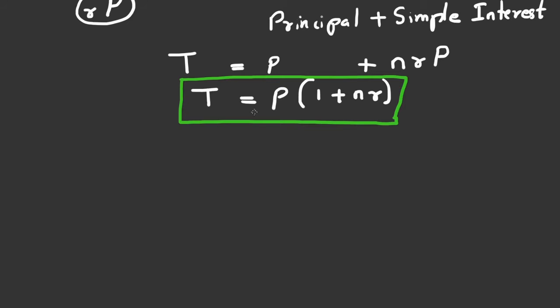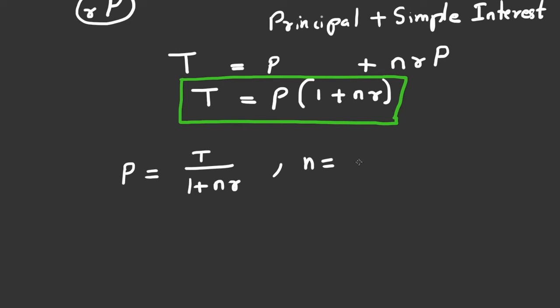If we know any 3 of the variables, the 4th unknown variable can be easily found out. From this, I can write the equations. So, one equation I got for total amount T, and the equation for P can be easily written as P is equal to T by 1 plus NR.